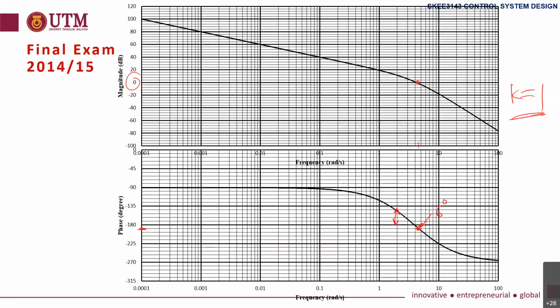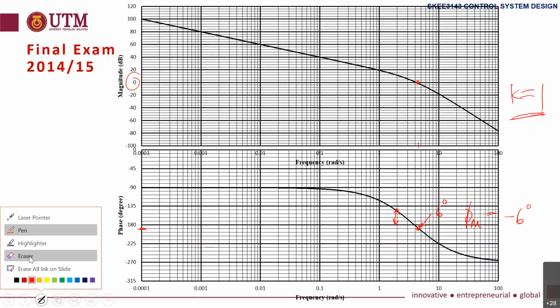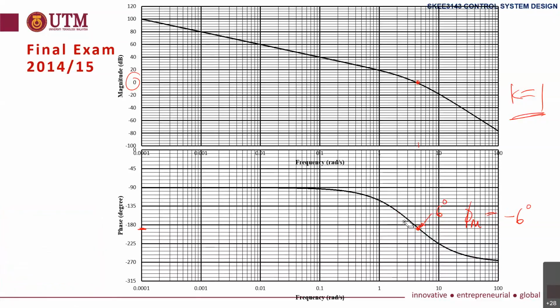It is 186 degrees, so the phase margin here we call negative 6 degrees because it is more than 180 degrees. If less, we can calculate it as positive. But if more than 180 degrees, in this case 186 degrees as I estimated, the phase margin for the original system is minus 6 degrees.